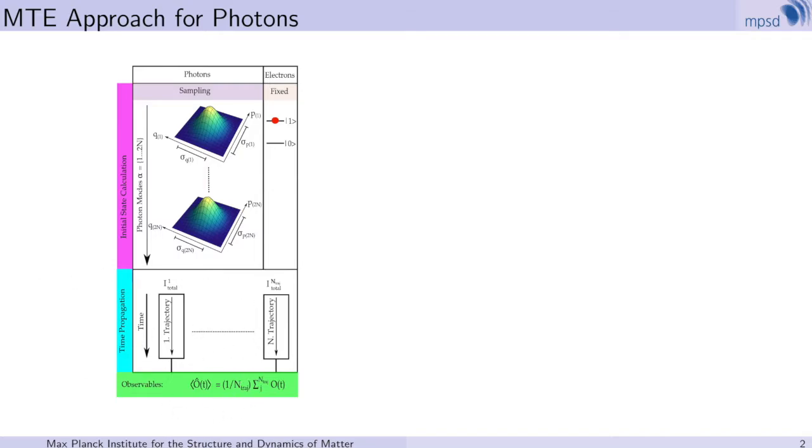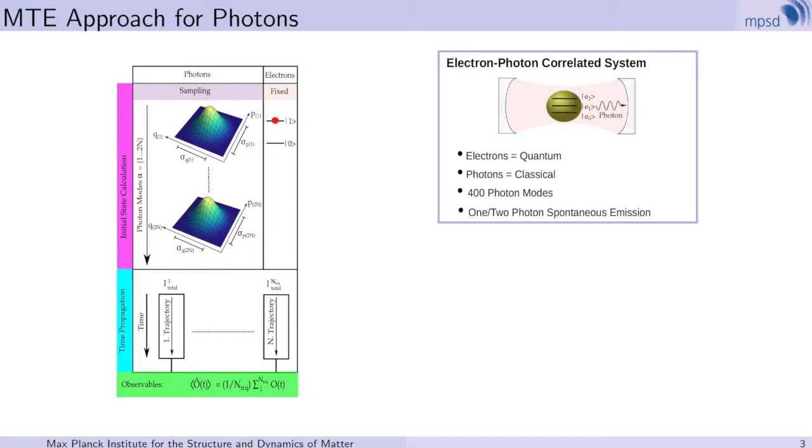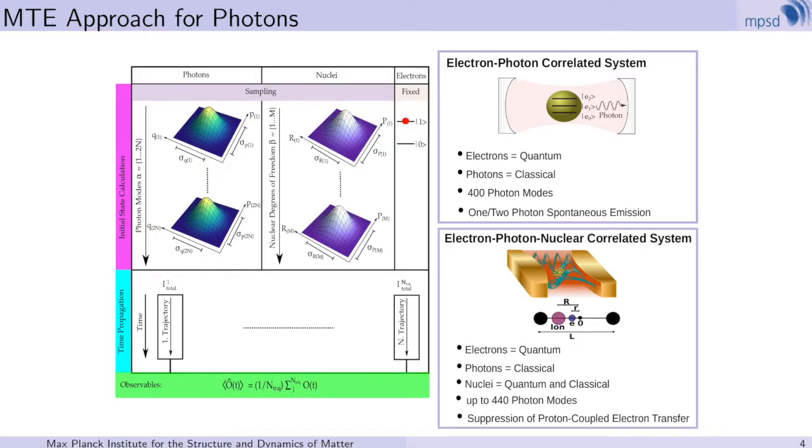And we started to benchmark this idea now with two different setups. The first one was a pure electron-photon correlated system, where we wanted to check if our method is capable of describing one or two photon spontaneous emission. And then, because we want to make our way to realistic systems, we also for sure needed to include the nuclei degrees of freedom. So you can simply also add a sampling for the nuclei degrees of freedom.